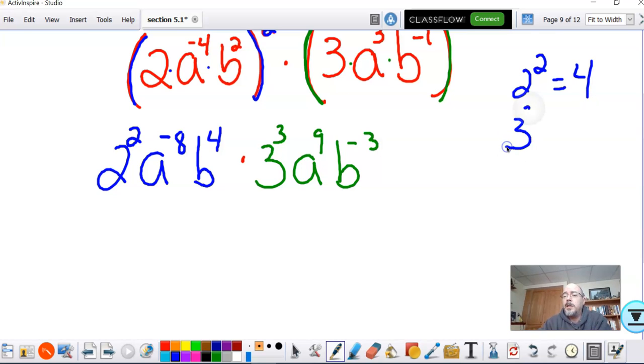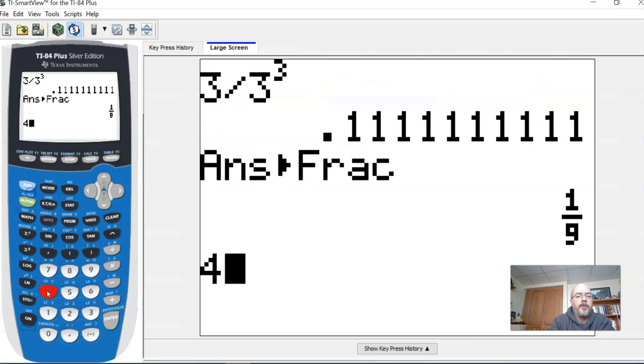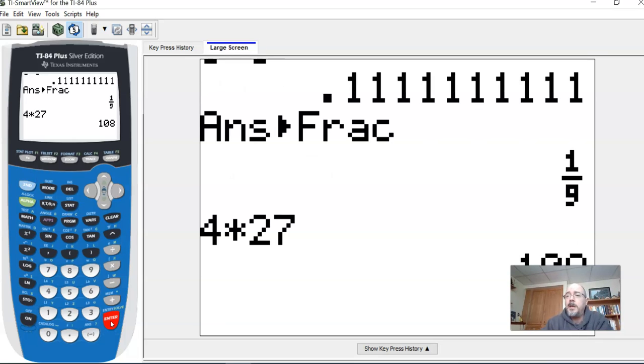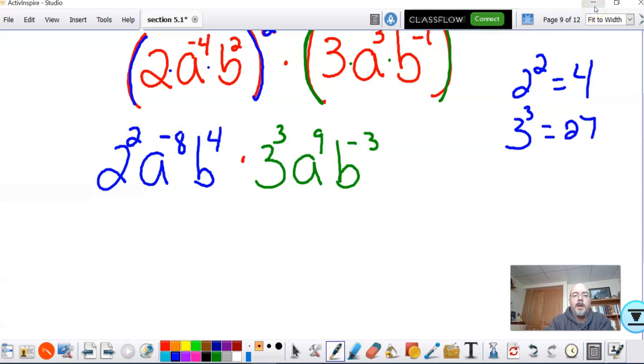And 3 cubed is 27. And 4 times 27, that becomes 108. Again, I'm simplifying this as much as possible. So these two things become 108.